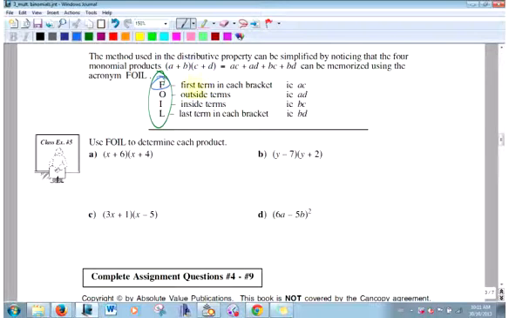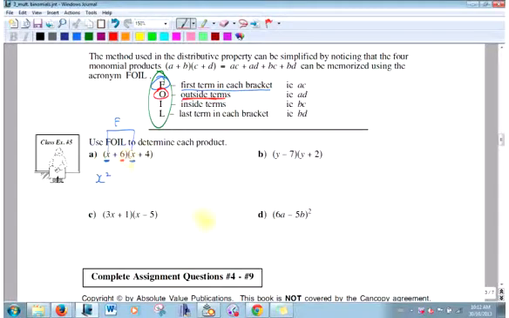FOIL. F is first terms in the brackets. This is the first term. That's the first term. So those are the first terms. I'm going to multiply those together. X times x is x squared. Okay? O, the outside terms.